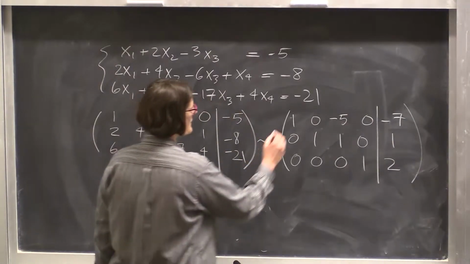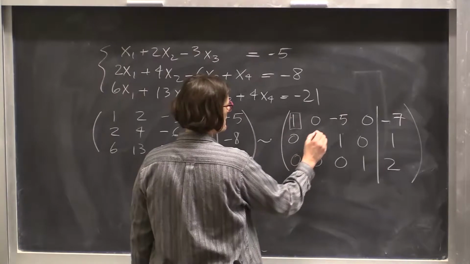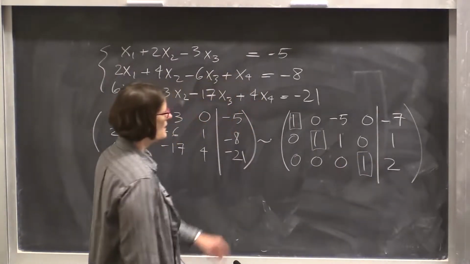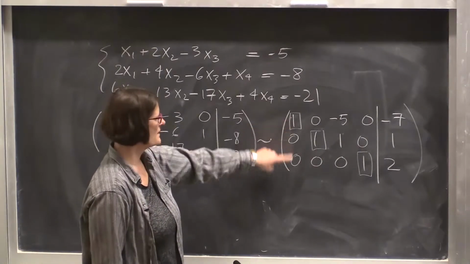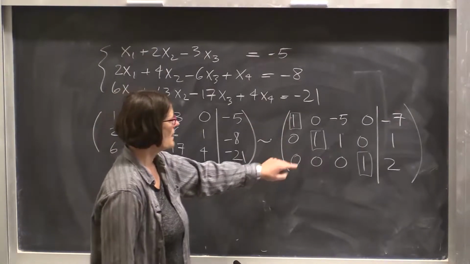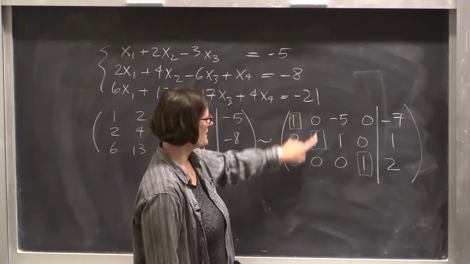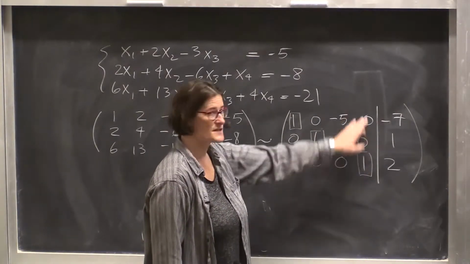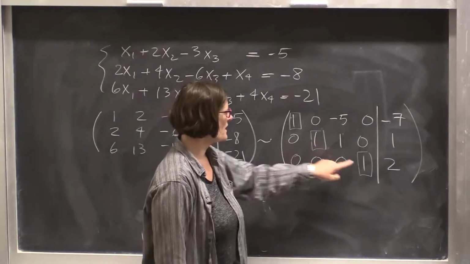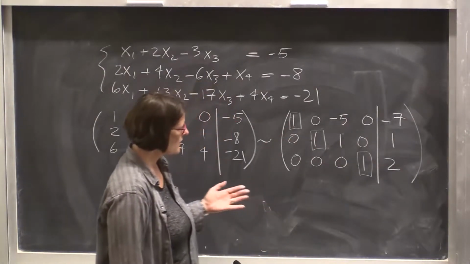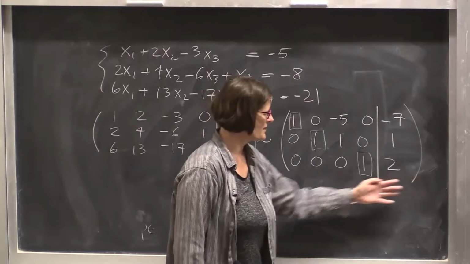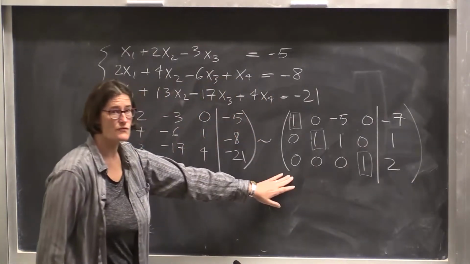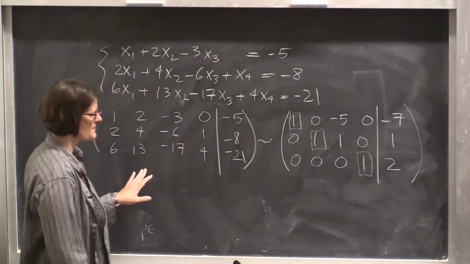So I have a leading one here, a leading one here, a leading one here. Above and below each leading one, I have zeros. These are ones. If I had any rows that were just straight up 0, they would be at the bottom. This is the reduced row echelon form of this matrix.